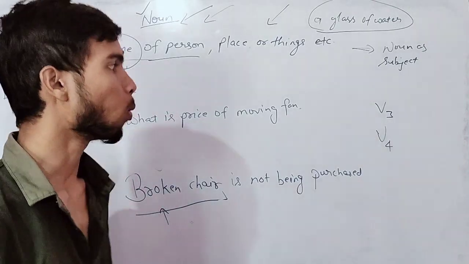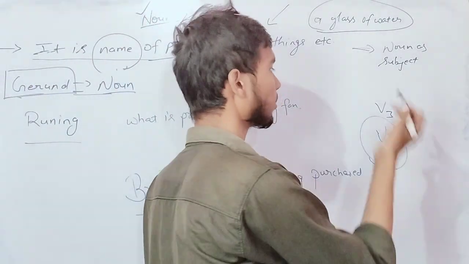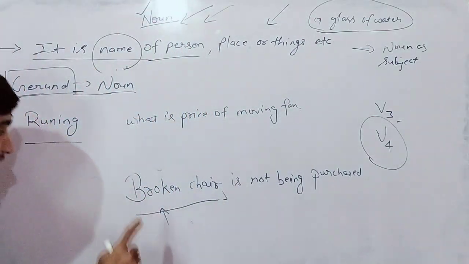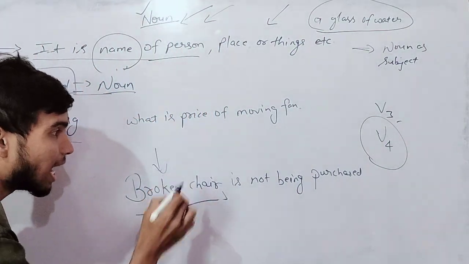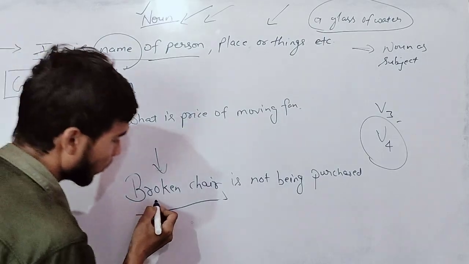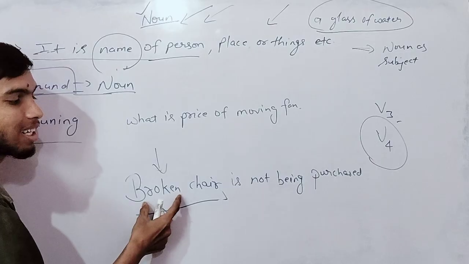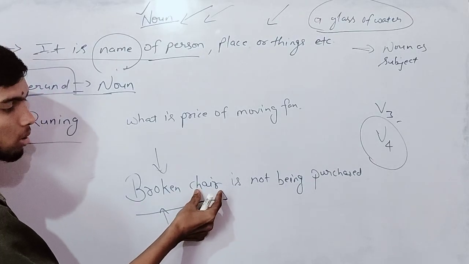Okay. But before this, let me complete with it. Here you can see this is an example. Broken is a verb, but it is coming just before a noun.